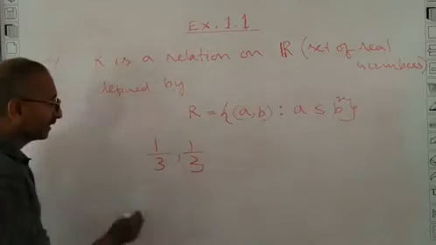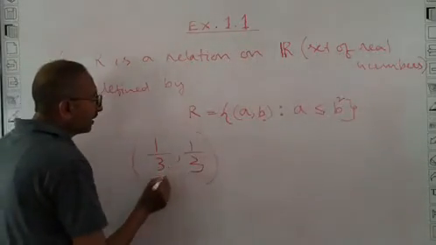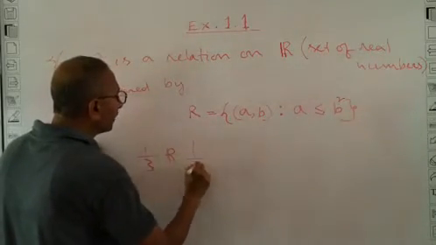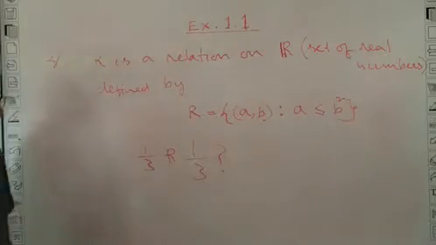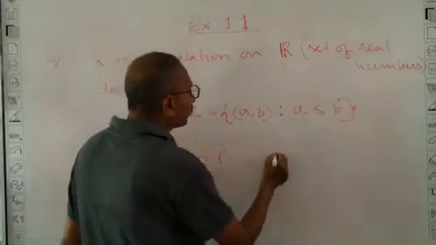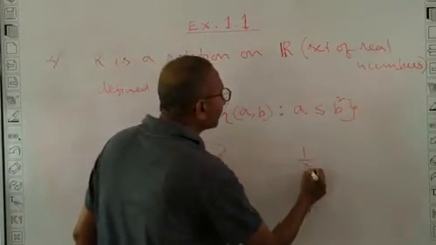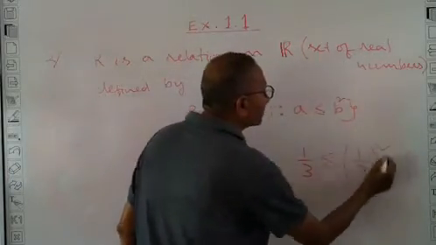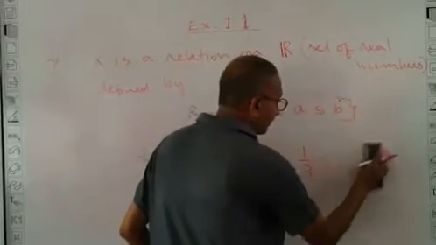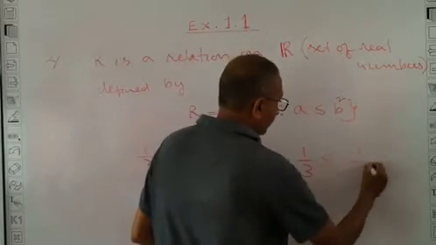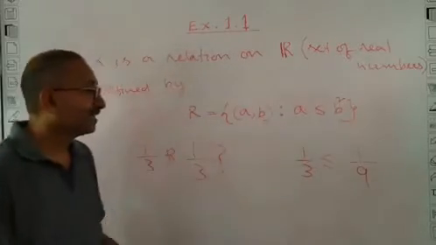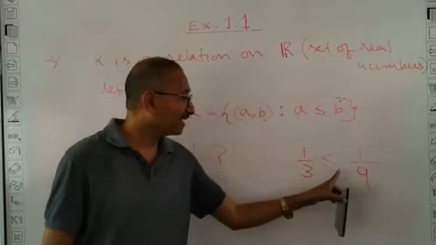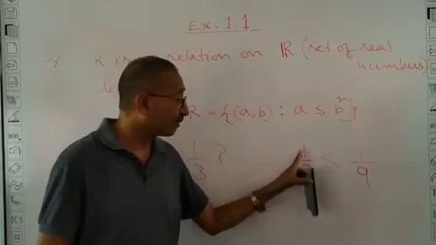Now think whether 1 by 3 is related to 1 by 3. In place of a, you write 1 by 3 is less than or equal to 1 by 3 whole square. 1 by 3 whole square means 1 by 9. Now tell me, is it true? No. 1 by 9 is not greater than 1 by 3; 1 by 3 is greater.